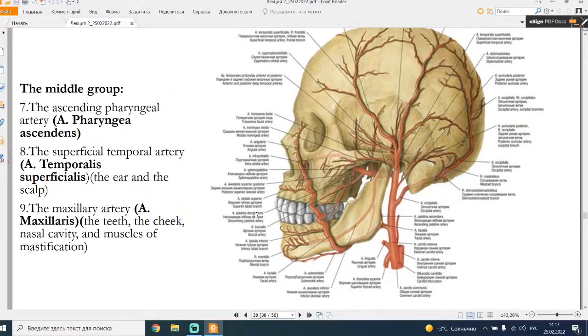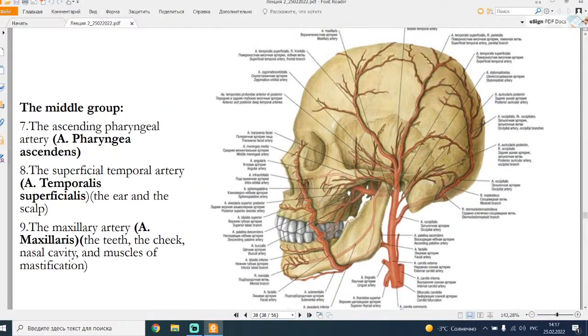Next, middle group. The ascending pharyngeal artery, this is absent. Next, the superior temporal artery, arteria temporalis superior. What you see, temporal artery.